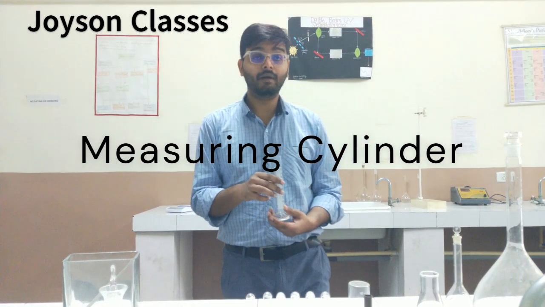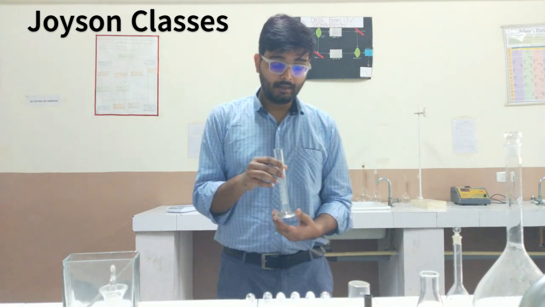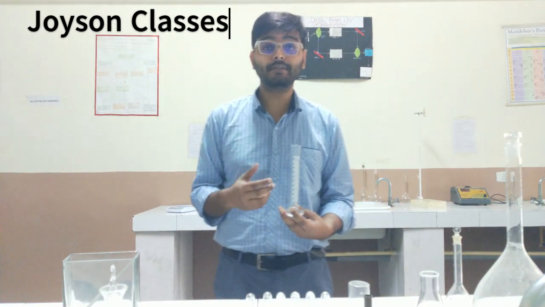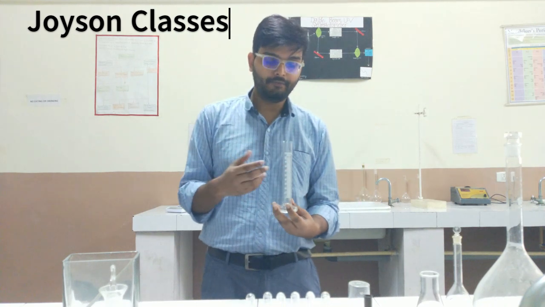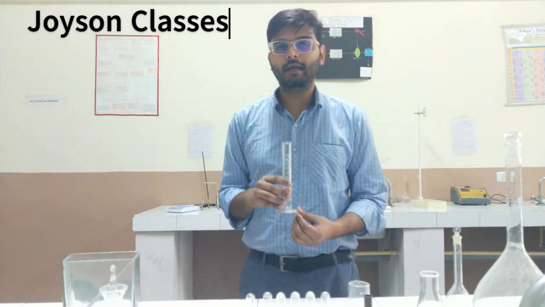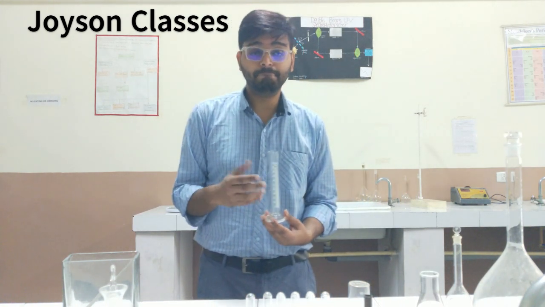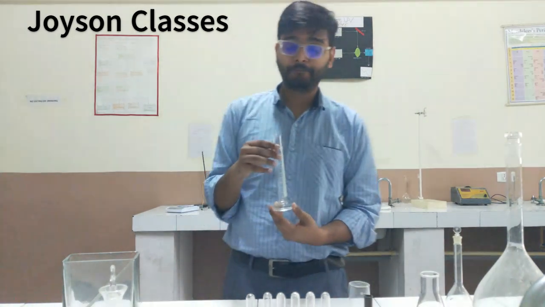Whatever you measure, specifically liquid, we use the measuring cylinder. This is also of different measurements. It is available in 50 ml, 100 ml, or maybe 1000 ml as well. It reaches up to 1000 ml.